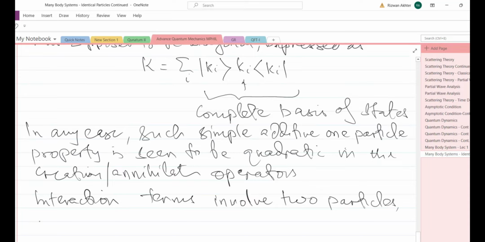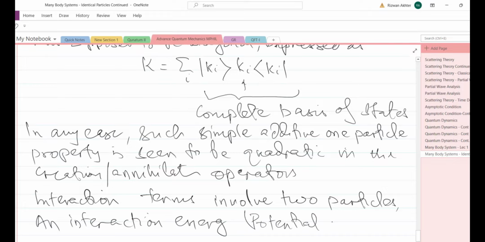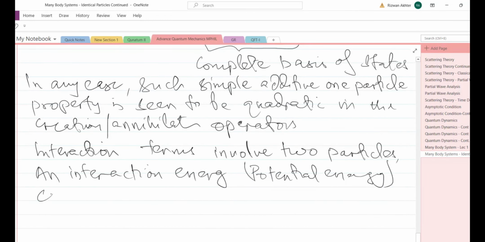Right? And interaction energy then is required. इस केस में potential energy, can be defined as.